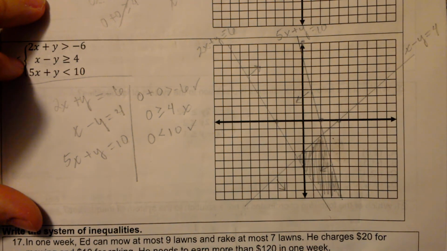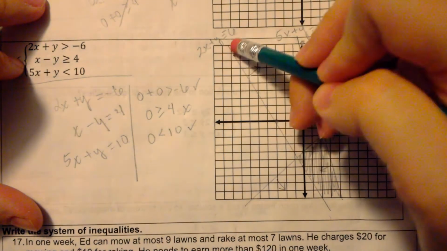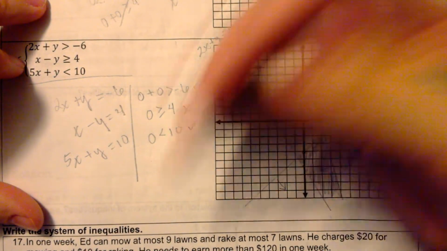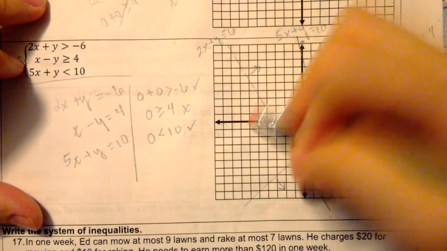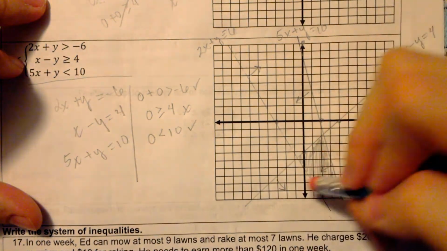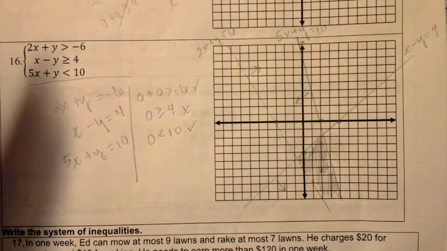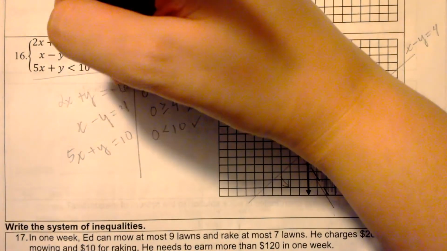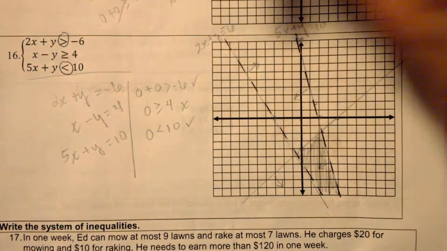Oh man, I messed up. These are supposed to be dashed. Saved it. So these are dashed. These are not equal to.